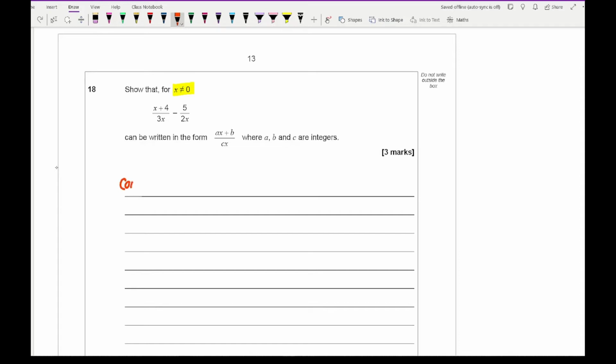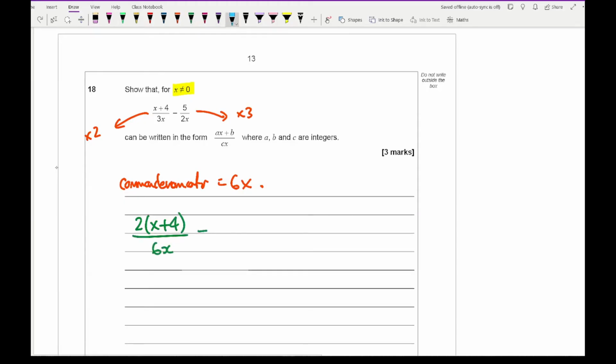So here, our common denominator is going to equal 6x. Now to get 6x, I need to multiply this fraction by 2, and I need to multiply this fraction by 3. And if I do just that, I end up with 2 lots of x plus 4 over 6x minus, and then if I multiply this fraction by 3, I end up with 15 over 6x.